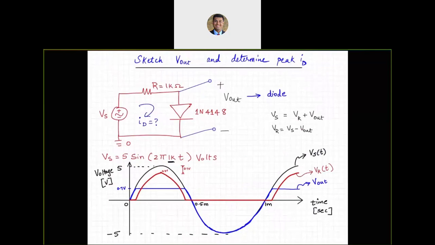So I hope with this example you are able to see how the voltage across the diode is going to change, and how the voltage across the resistor is going to change for a given voltage source Vs. So I'll take a moment here and see if you have any questions.